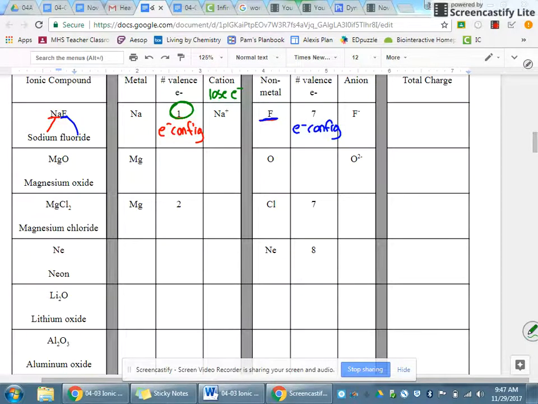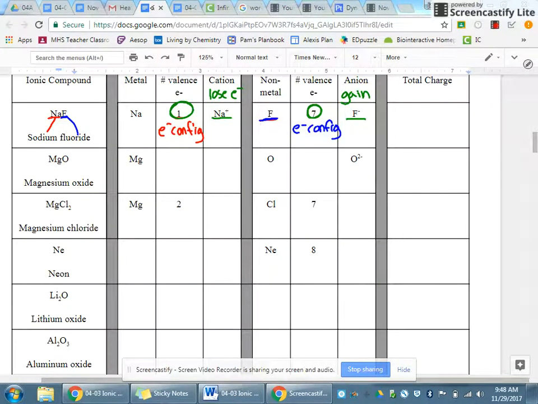If we lose 1 electron, we become more positive. For fluorine here, we have more than 5 electrons. And so we want to have 8, or a full shell. So we are going to gain 1 electron. If you gain 1 electron, you become more negative.